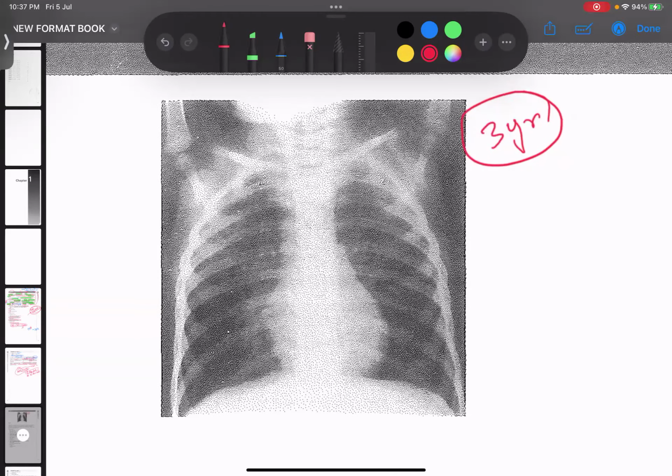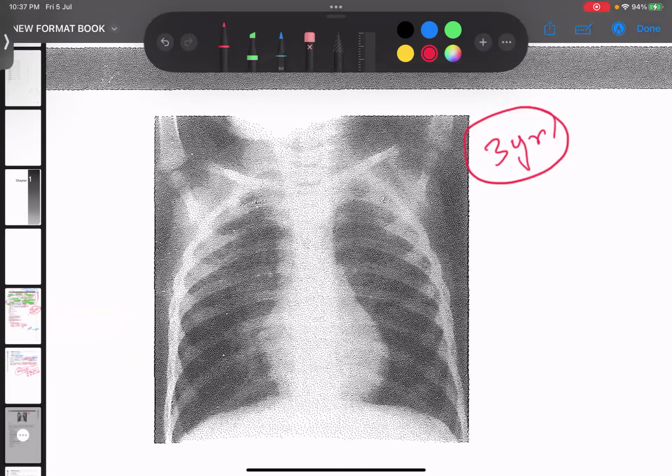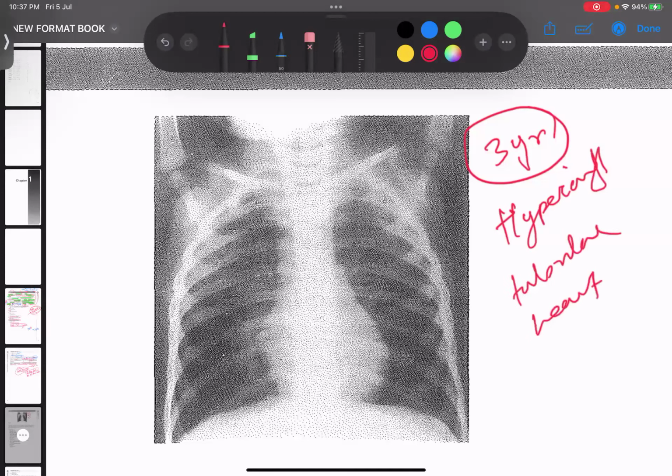Okay, you can see steeple sign? Ma'am, tubular heart. Okay, you're thinking it's tubular heart, we'll keep that in mind. So you said there is hyperinflation, which I also agree with, and then you're saying there is a tubular heart. This picture actually is not very good, but we'll keep that in mind.